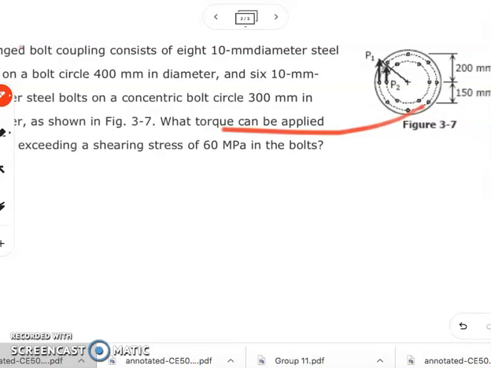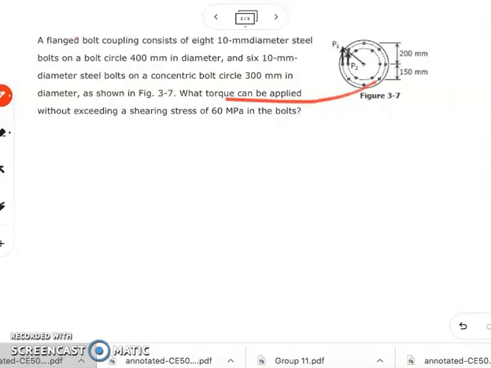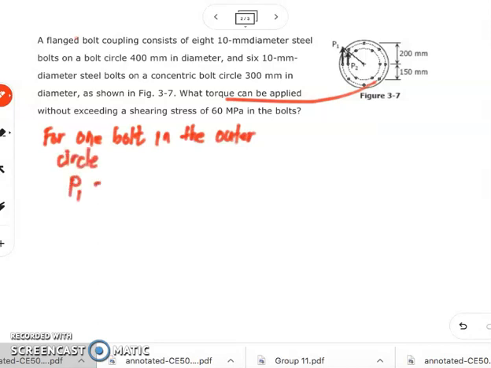For this problem, we're going to start the solution with the force acting on one bolt in the outer circle. So the force, denoted by p sub 1, is equal to area times tau.